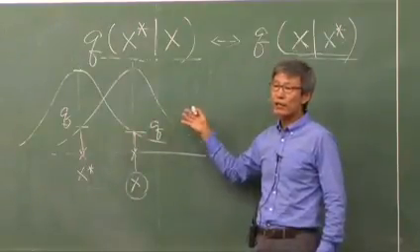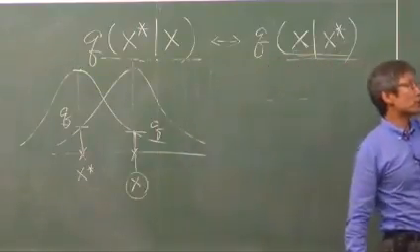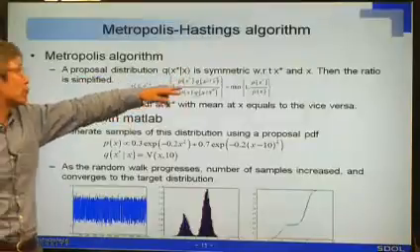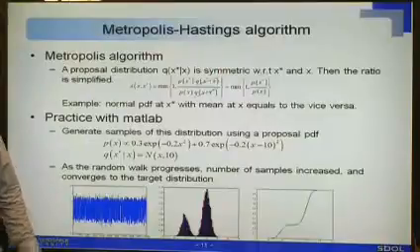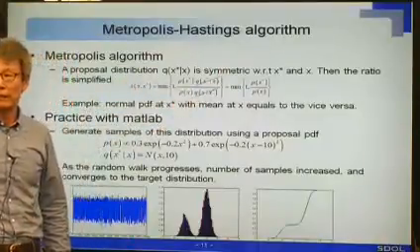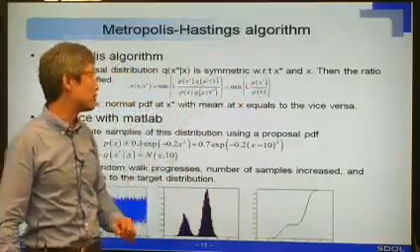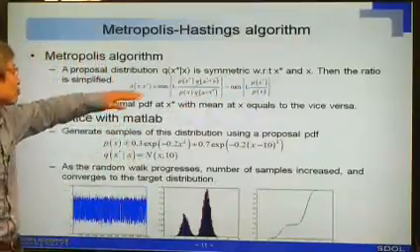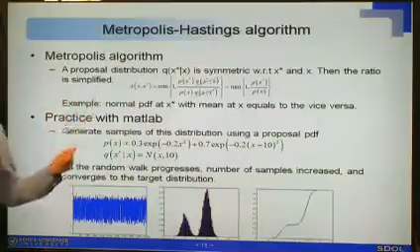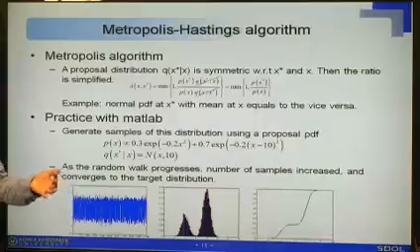In this case, we say the distribution is symmetric. So if the proposal distribution is symmetric, we can remove it from this expression. And it's further simplified to the ratio between the probability distribution at the new point and the old point. Based on this ratio, we iterate, like I said before, to decide whether we take the new point or not.